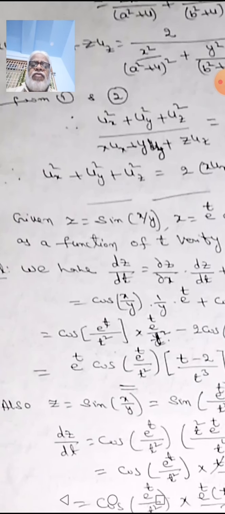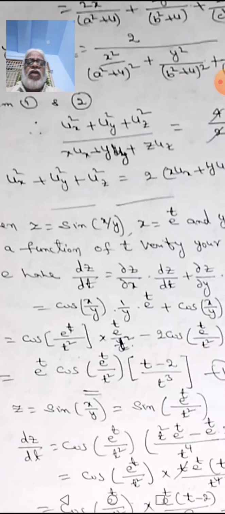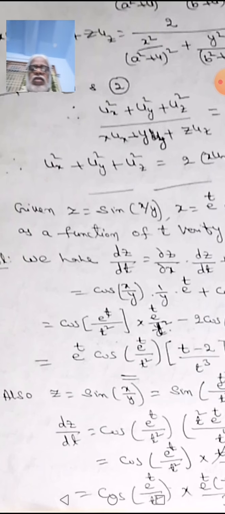So cos of e power t by t square, why do we say it like that? Because the value of x is equal to e power t and y is equal to t square. These two values are substituted in cos of e power t by t square into e power t by t square, because 1 by y means y is nothing but t square. So cos of e power t by t square into e power t by t square.